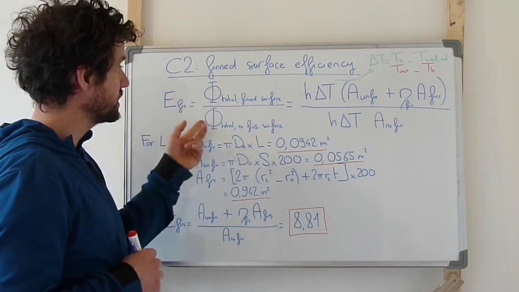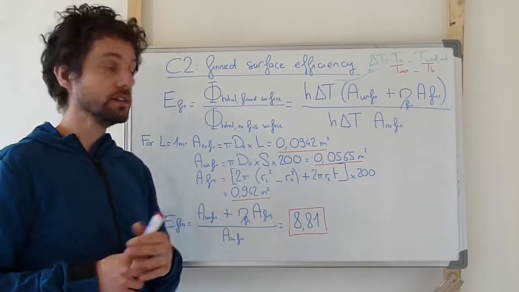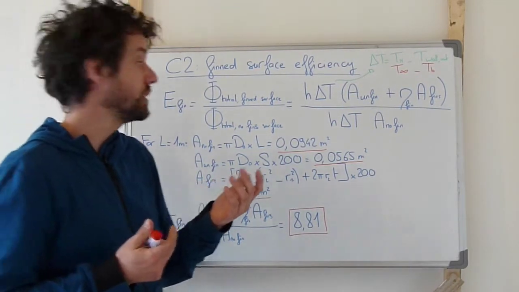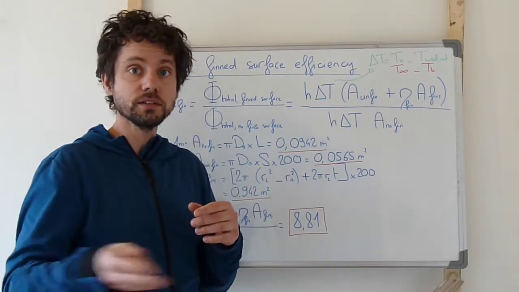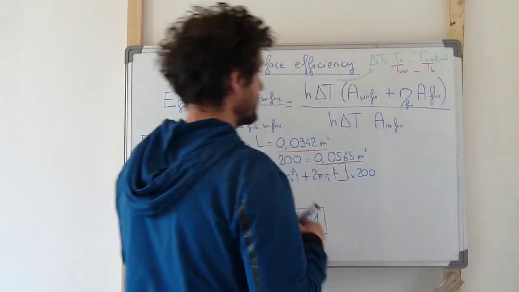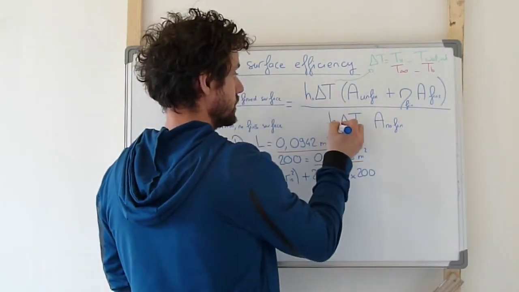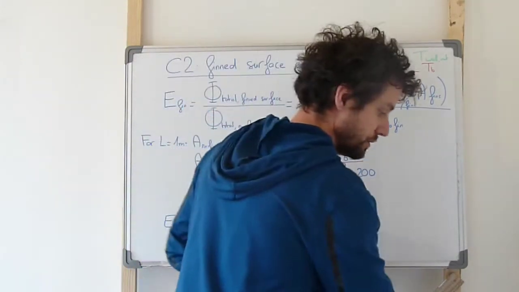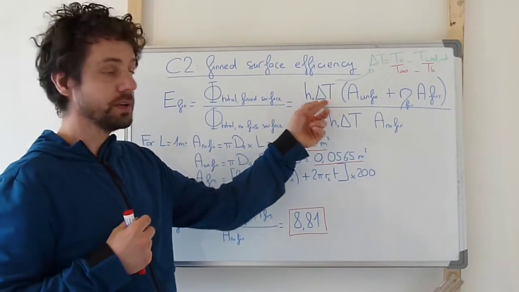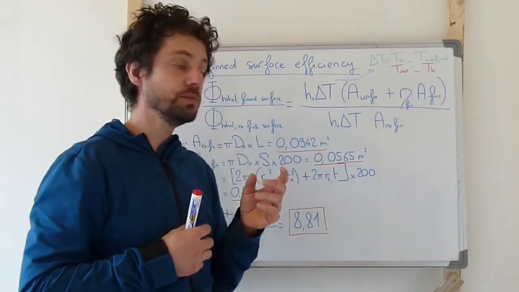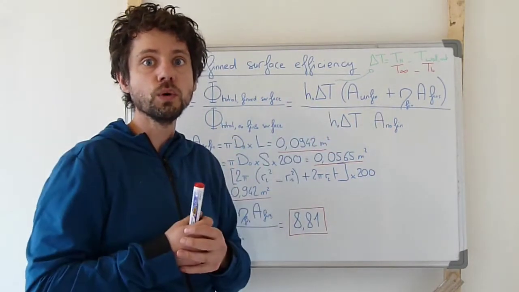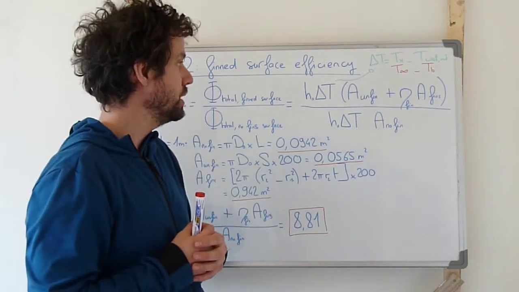So how to express this heat flux? This heat flux is equal to the convective heat transfer coefficient, in our case h_out, the one we have on the other side of the tube, multiplied by the difference of temperature between the hot fluid and the external wall of the pipe.